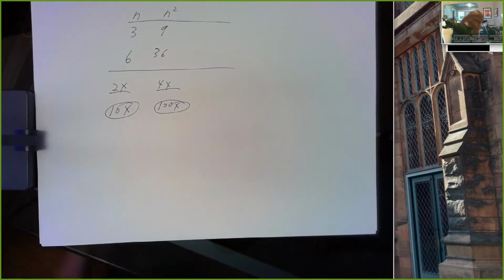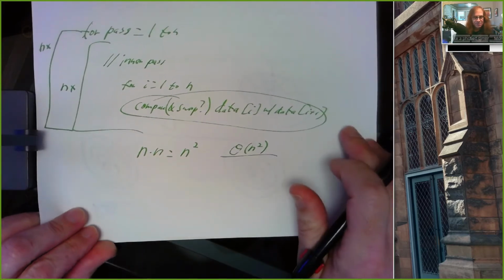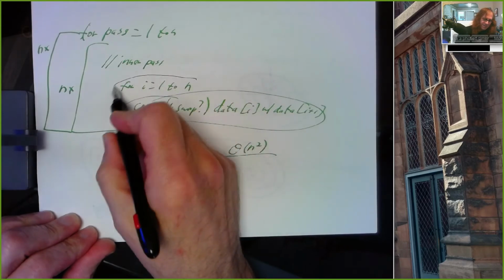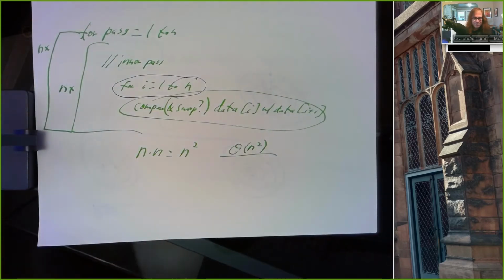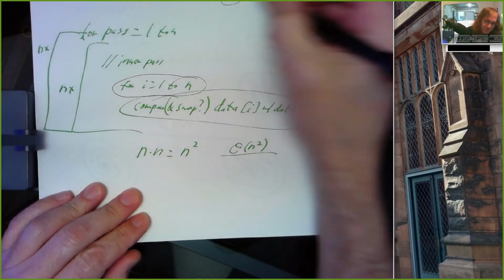Now, when we do a bubble sort, we can get fancy. We don't need to go through all n pieces of data each time we do this inner pass. So let's say we have 10 pieces of data to sort, and we're going to use a bubble sort.